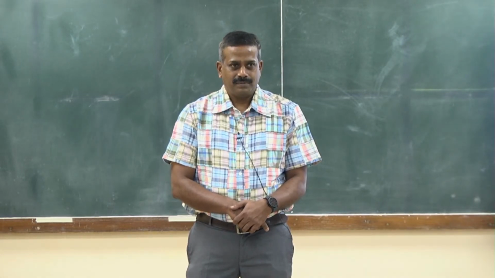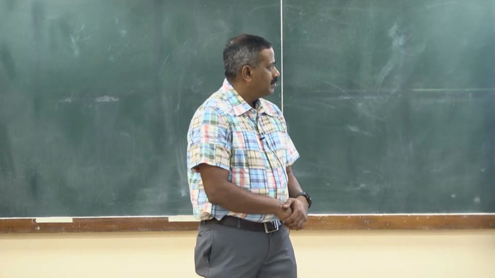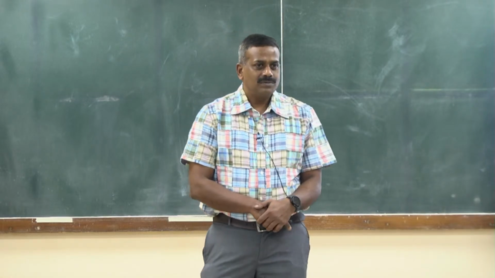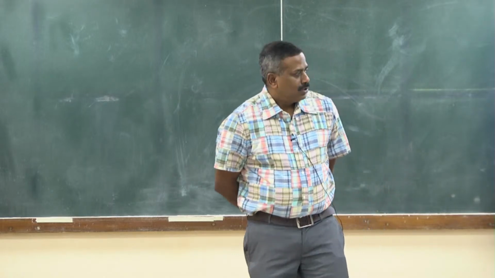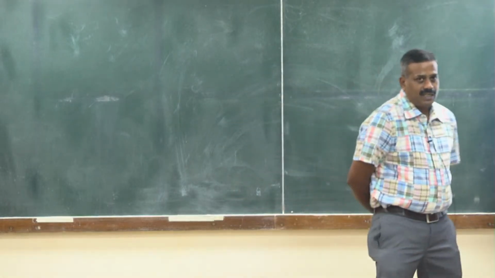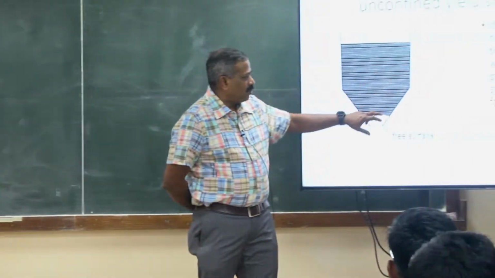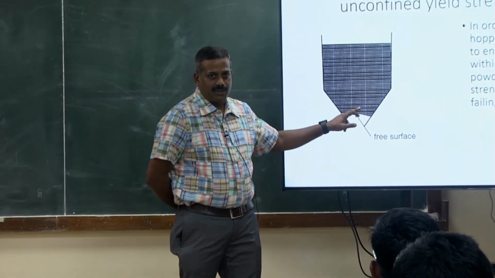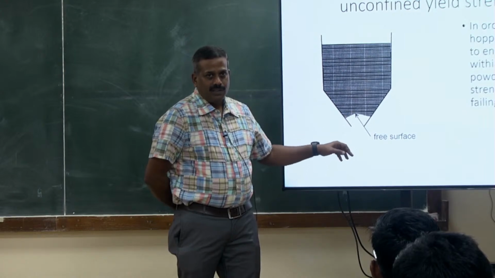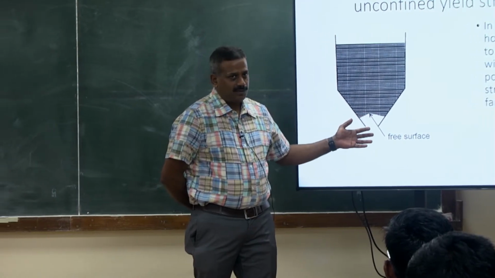Last week we were discussing funnel flow hopper and mass flow hopper. For any hopper, the strength of this powder should be higher than the strength at this layer for the powder to flow. It could be a mass flow hopper or a funnel flow hopper.